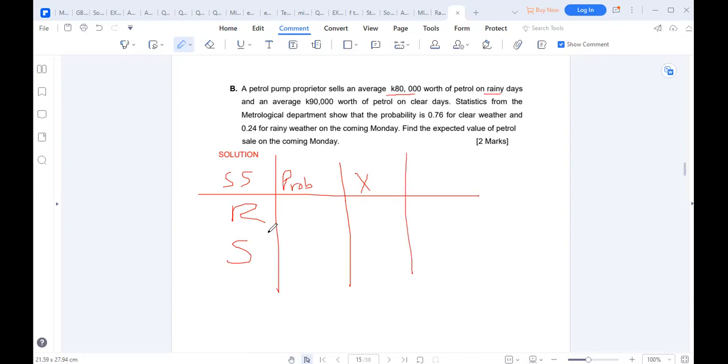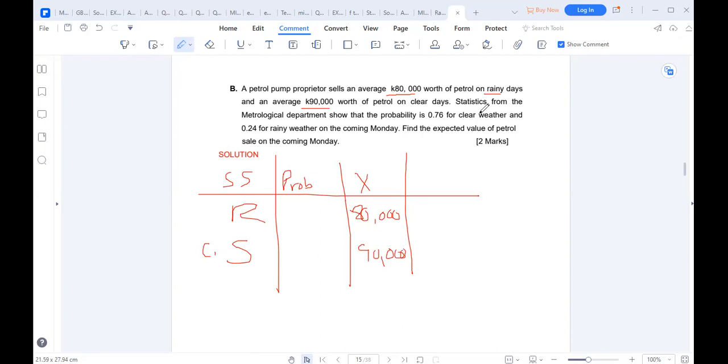So put 80,000 here. And we're also told that on average 90,000 on a clear day. So this is a clear day, 90,000.